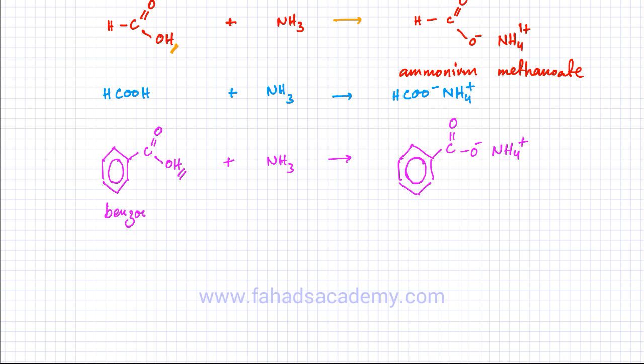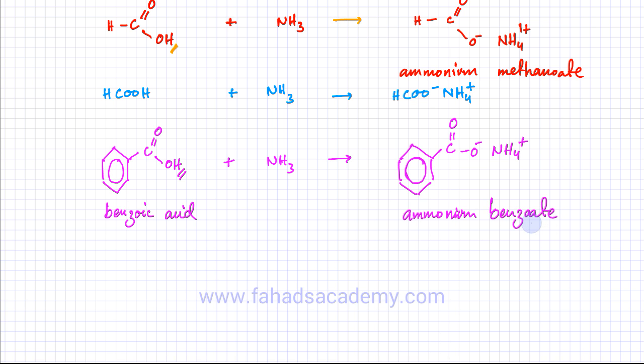If the examiner has given you this, he might ask you to name the salt. Now remember, whenever a salt is formed, the carboxylic acid changes into an oate. The suffix changes. So it's going to become ammonium benzoate.